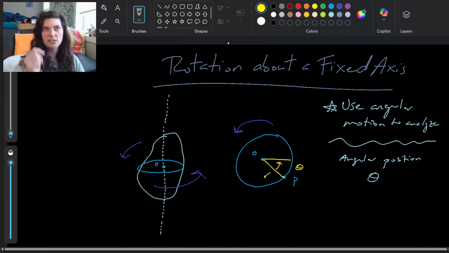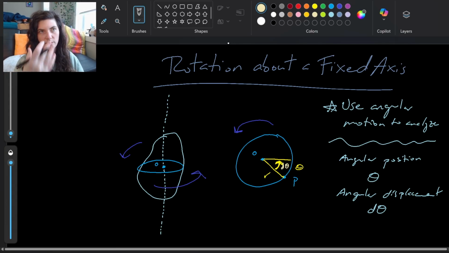So theta gives us the position of where P is on the disk, and the change as it rotates through this point P is going to be our d theta, which we call our angular displacement. Theta is the location of where point P is, and d theta is how that's changing as this body rotates around its fixed axis.